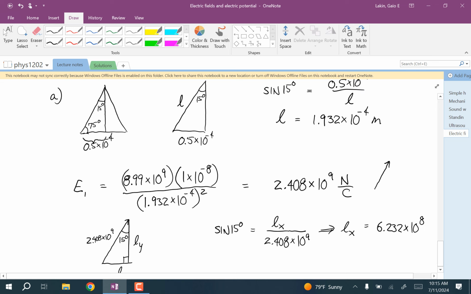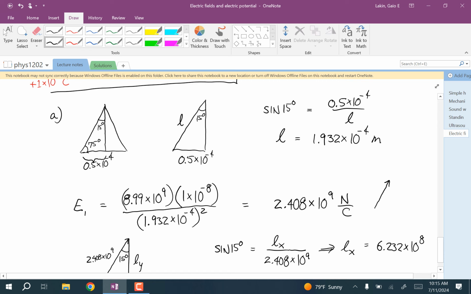Well, we've actually drawn it here, that if the positive x-axis is going to the right, our vector is 75 degrees from that.